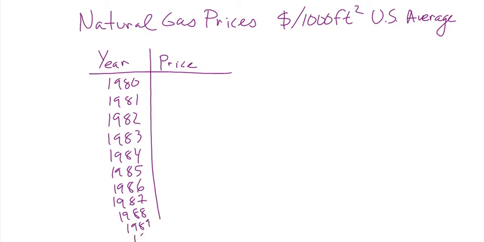I'm going to have to squeeze the last two. Okay, and the gas prices are $3.06, so price in dollars. So dollars per 1,000 cubic feet, not square feet. You can't have square feet of gas.